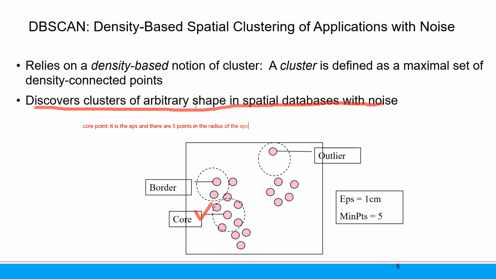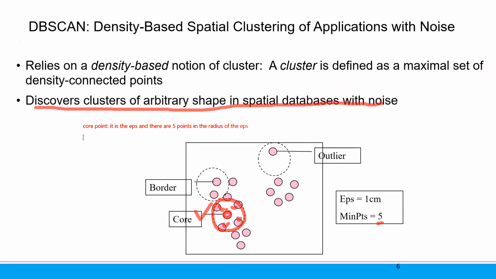Let's say this is the point, and this is the EPS, 1 centimeter, and I have 5 as the minimum points. So I can check. We have 1, 2, 3, 4, 5. Okay, we have 5. Then this point, we call it a core point, because in the surrounding area of that point, we can create a cluster.